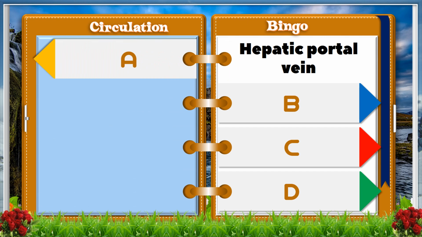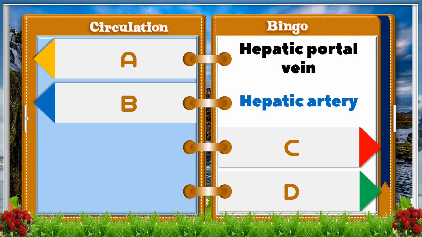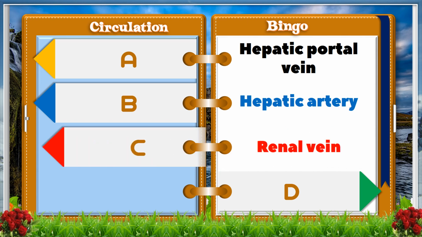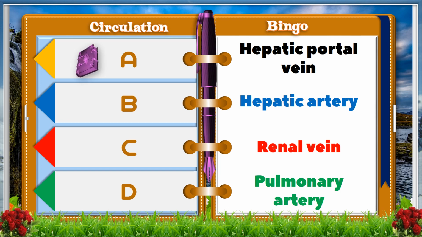A. Hepatic portal vein. B. Hepatic artery. C. Renal vein. D. Pulmonary artery. And the answer is A. Hepatic portal vein.